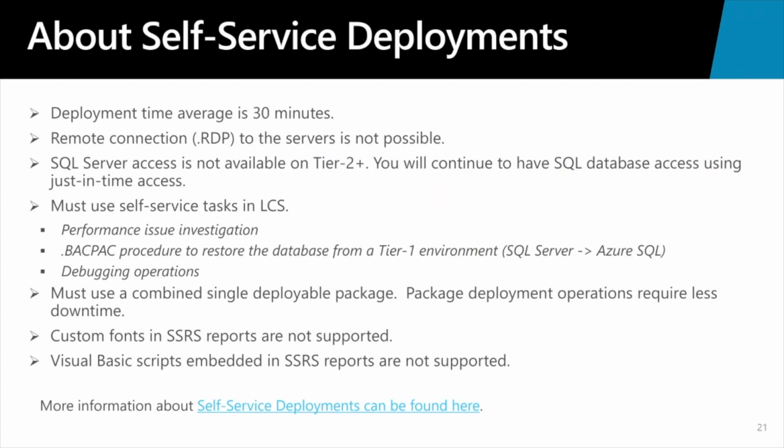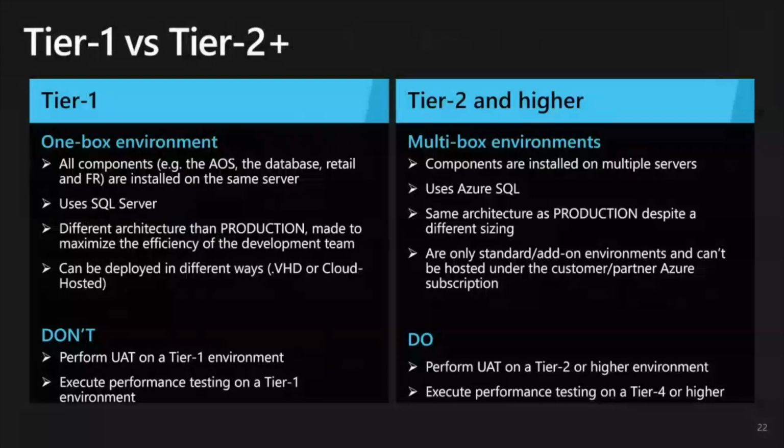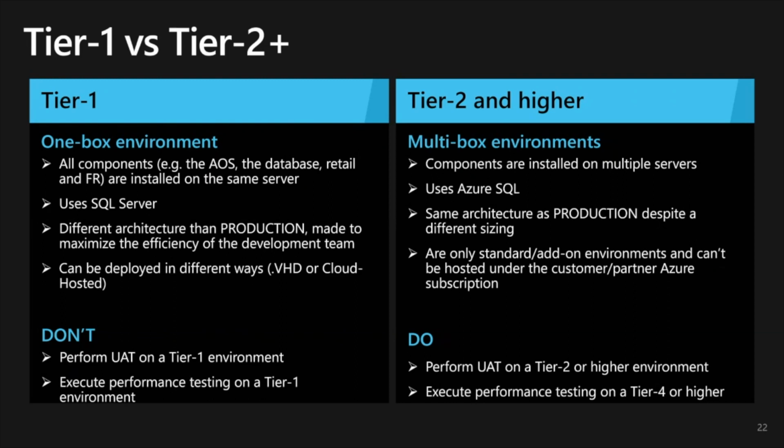So next, let's talk more about the difference between tier 1 and tier 2 and above environments. One important thing you need to realize is that tier 1 has a different architecture compared to other sandboxes and production environments.